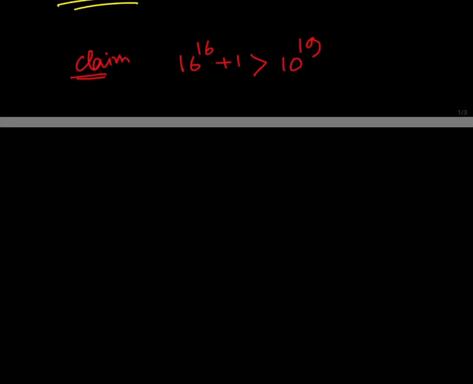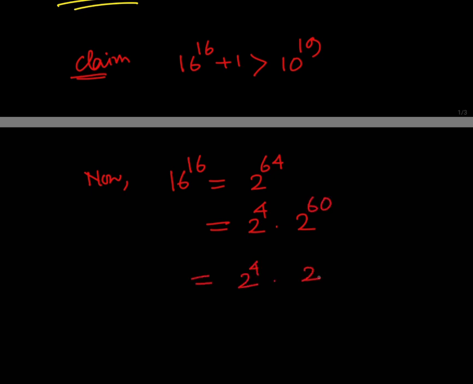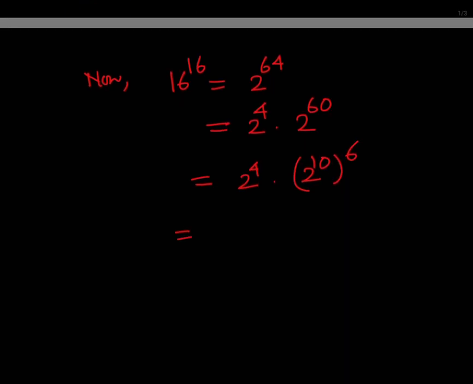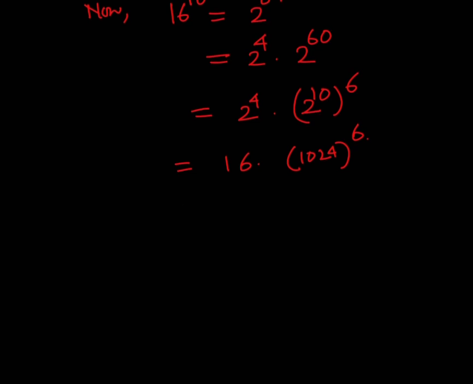Now 16 to the power 16 equals 2 to the power 64, which is 2 to the power 4 into 2 to the power 60, that is 2 to the power 4 into (2 to the power 10) whole power 6, that is 16 into 1024 whole power 6.